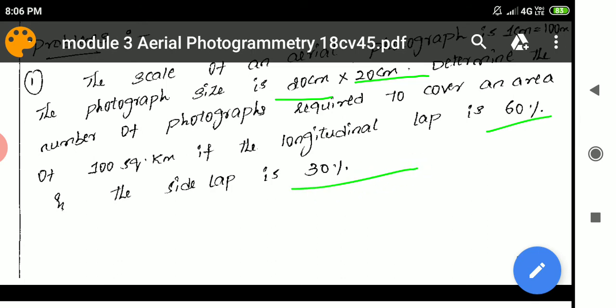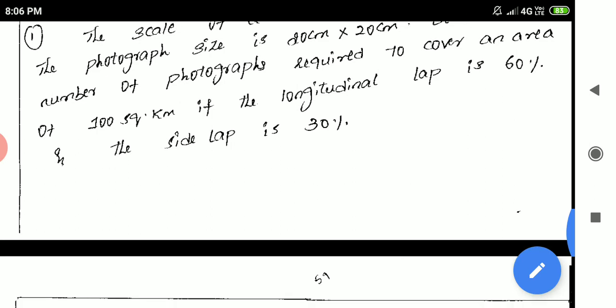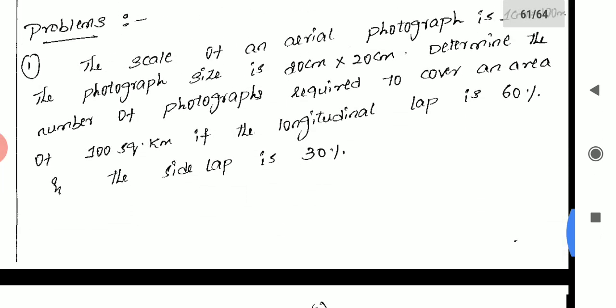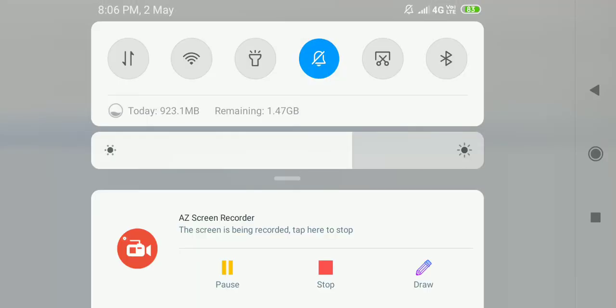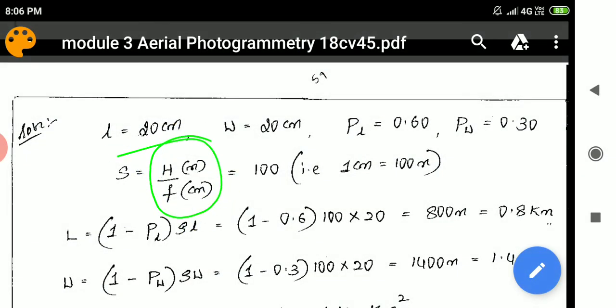Next, the formula S equal to H by F. I already explained, H in meter, F in centimeter. After conversion we will get 100, so 1 centimeter equal to 100 meter. Next, the L formula is like this, so by using the L formula we will apply these values.